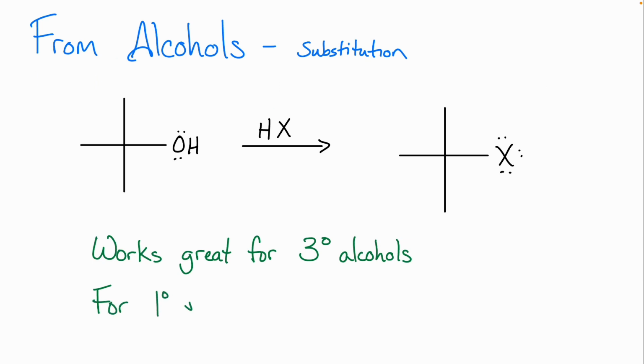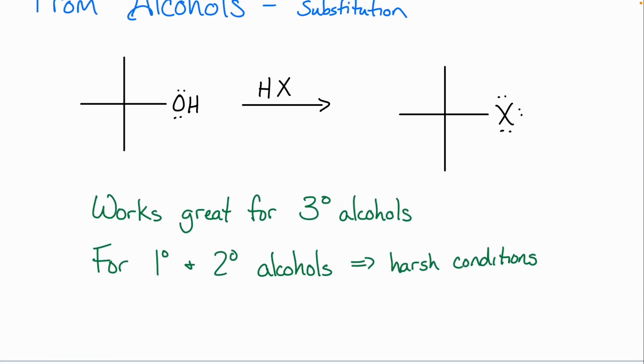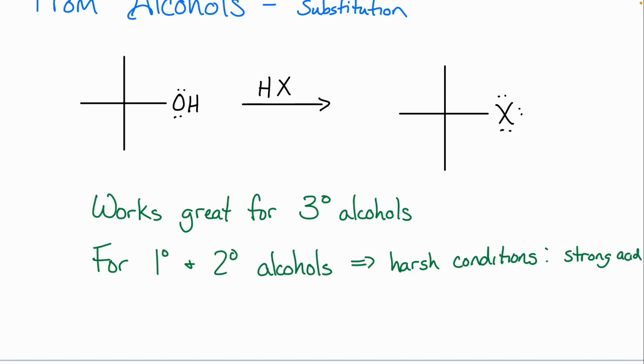However, for primary and secondary alcohols, you could do it, we did it, but it required what we would consider to be very harsh conditions. Super concentrated strong acid and lots of heat. So for primary and secondary alcohols, you got to use those harsh conditions. Strong acid and heat.